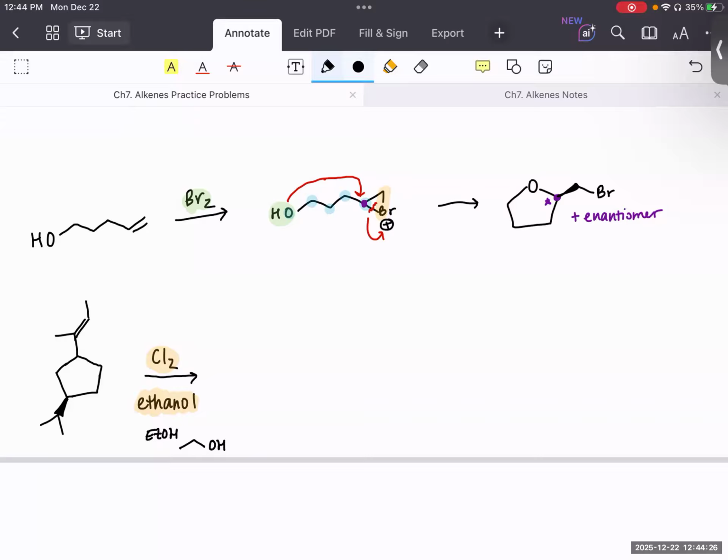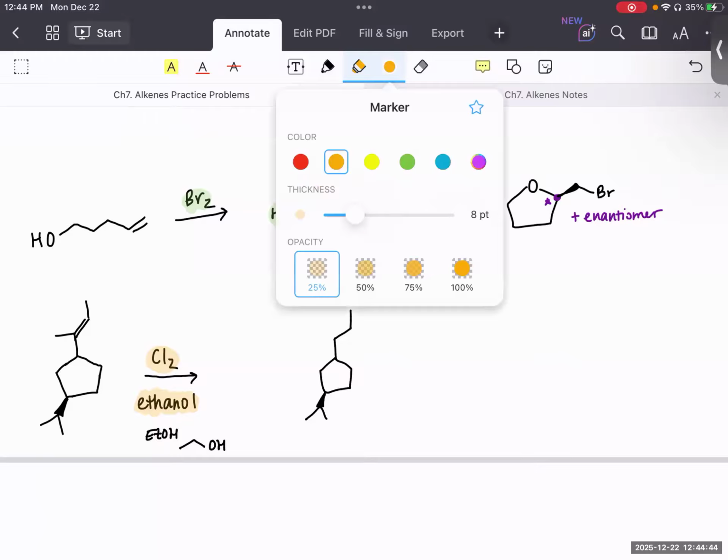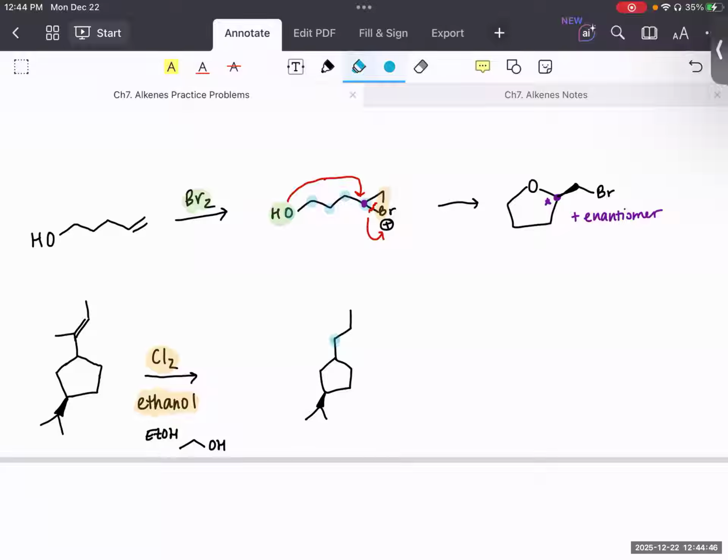And so for our final product, we're going to take our alkene and add the chlorine and the ethanol in the anti addition. And then we want to add the ethanol to the more substituted carbon, which is going to be that first one coming directly off the ring, highlighted in blue here.